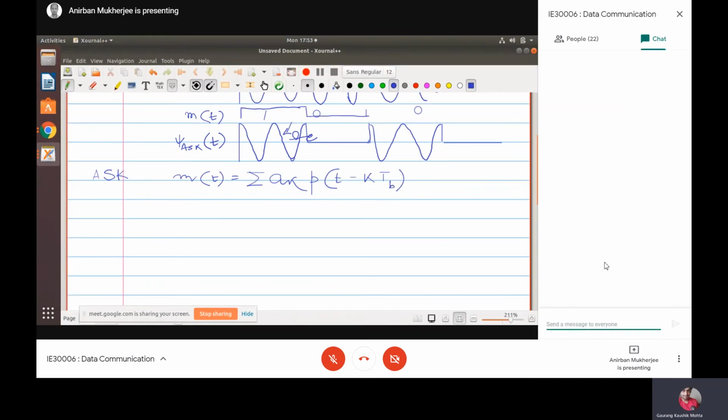This is your input that I am writing: A_k, take A1, then A1 is 1, then is p(t minus T_b) plus p(t minus T_b) in that way. And what is my p(t)?